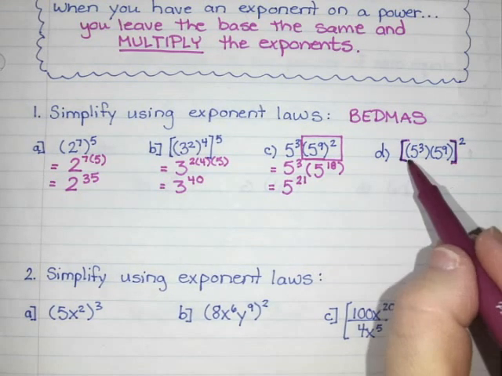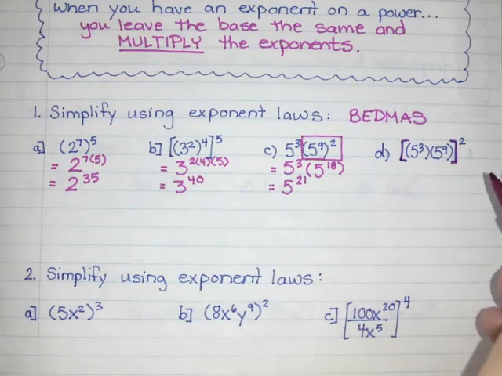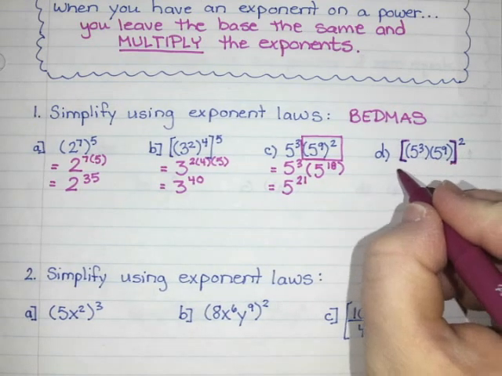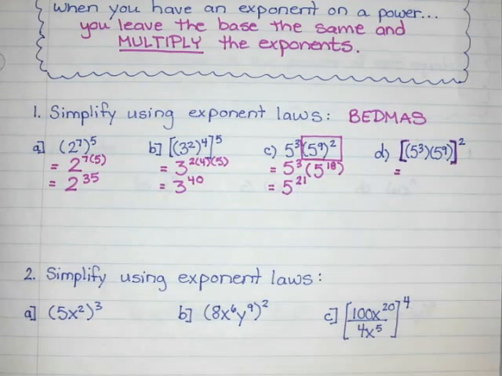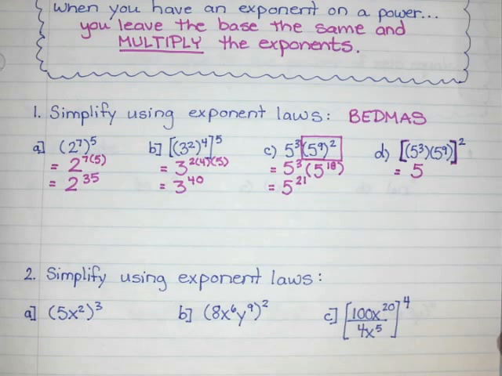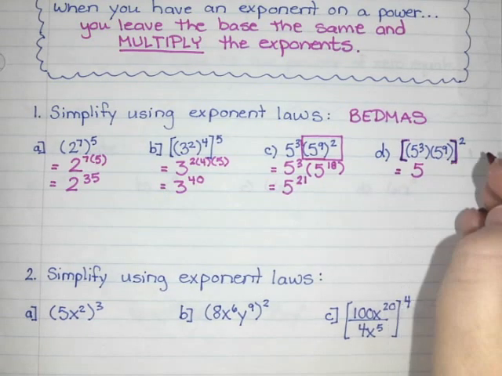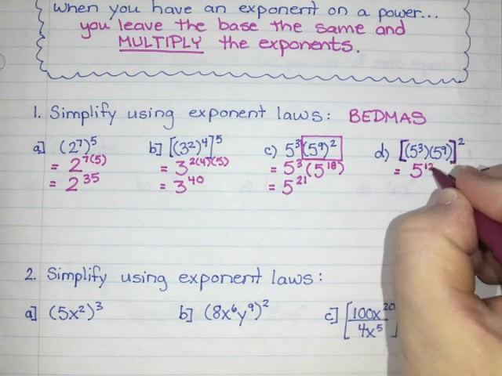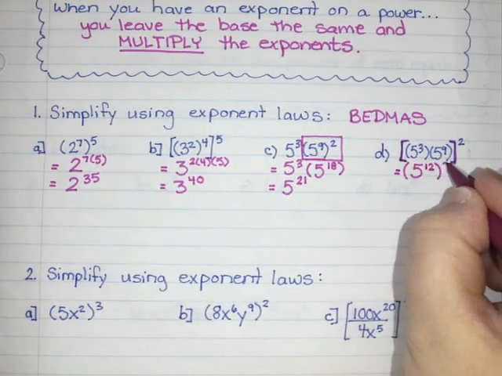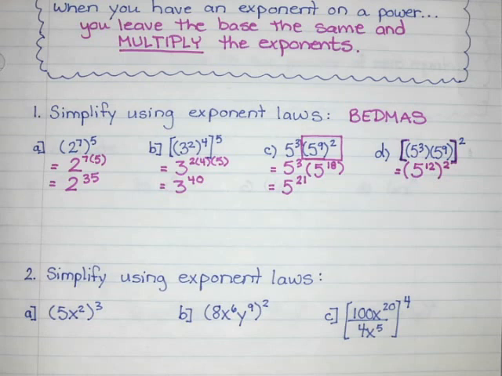So I'm going to start by doing what's inside those brackets. What's inside those brackets? There's some multiplication. So I know that when we multiply two things with the same base, we leave the base the same, so that's 5, and we add the exponents. So 3 plus 9 is 12. And then that is still inside of a bracket to the power of 2.